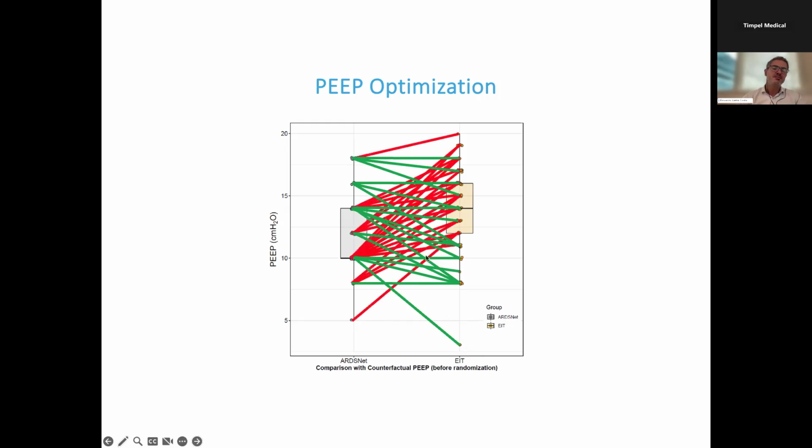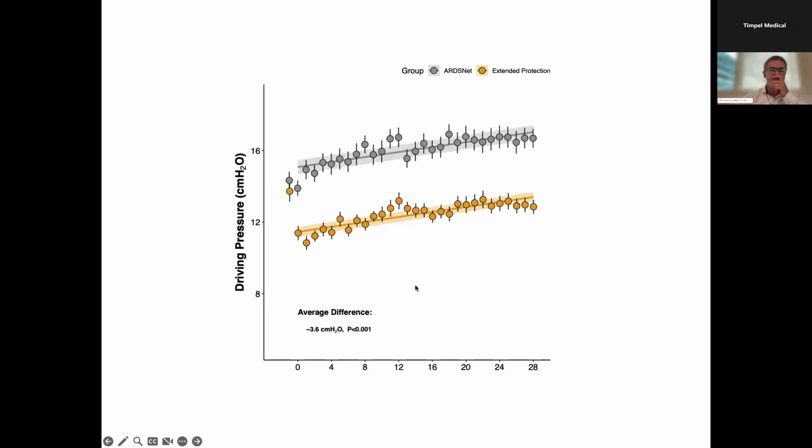In the majority, over half of patients, the PEEP was higher if you selected according to the crossing point. But here what you see is that there is no one simple solution that works for everyone. The lung mechanics, especially regional lung mechanics, as a result of lung heterogeneity, can behave very differently. And it's not enough to just look at the oxygenation if you want to really optimize the lung mechanics.